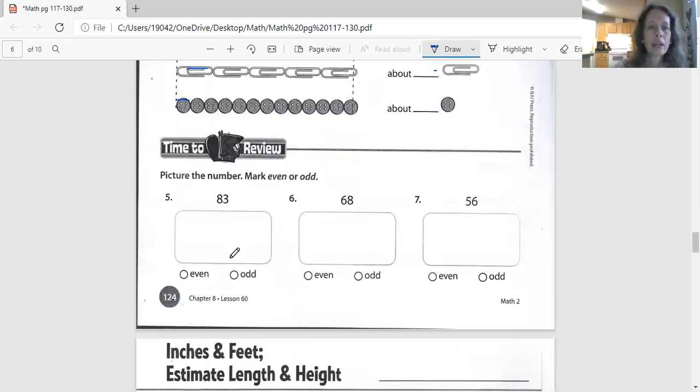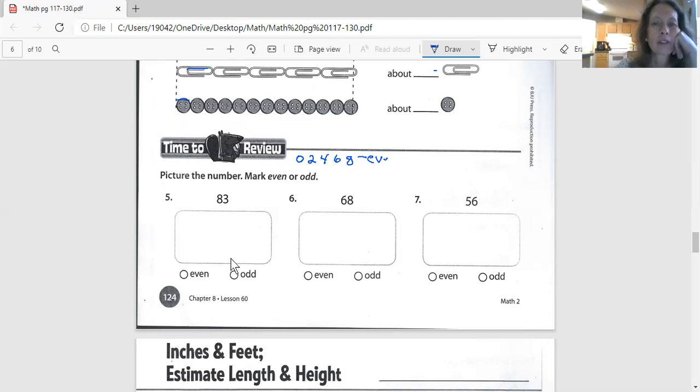Okay. And this one is something we haven't done a lot of. We haven't studied even and odd for a long time. So I want to see what you know, what you remember. And I'll give you a little clue up here. If the number ends with 0, 2, 4, 6, or 8, then your number is even.